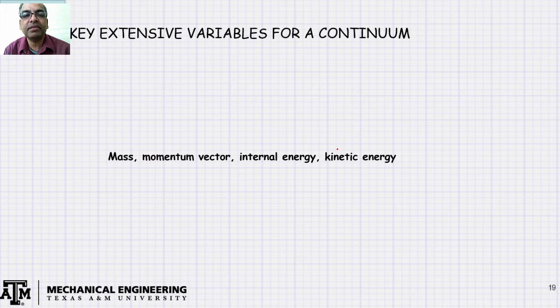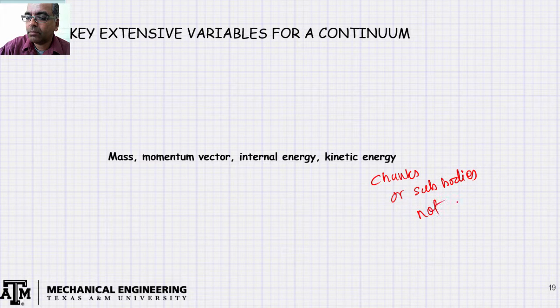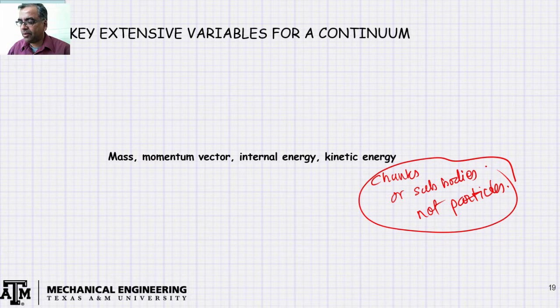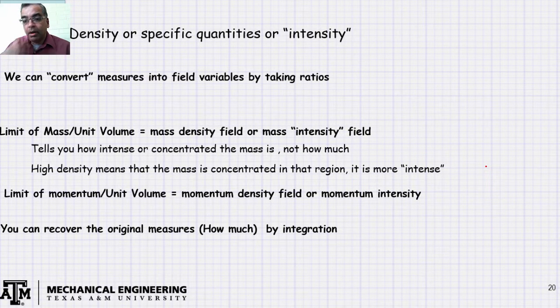These are key extensive variables. These are defined for chunks. So please remember that, okay? But there is a way to convert measures into field variables, and that is by taking ratios.